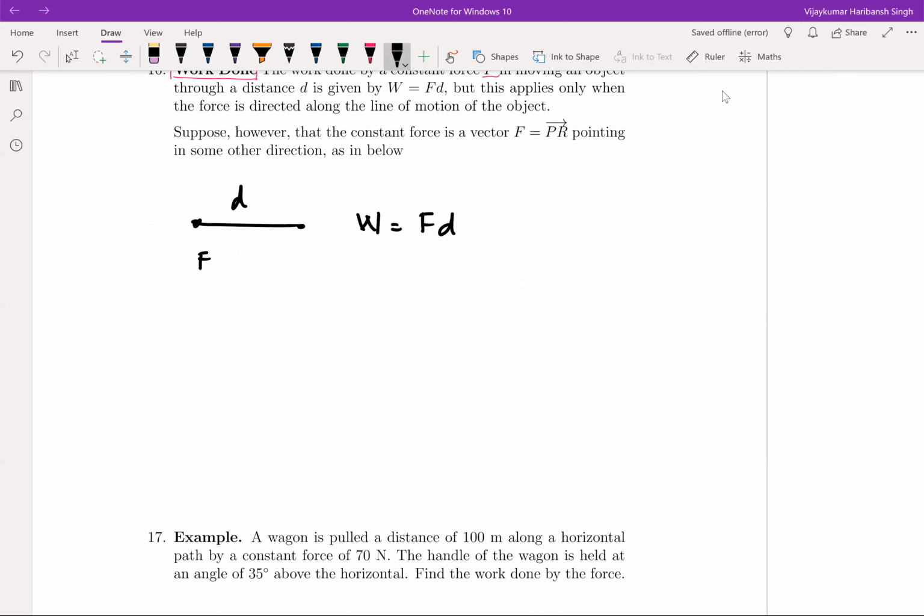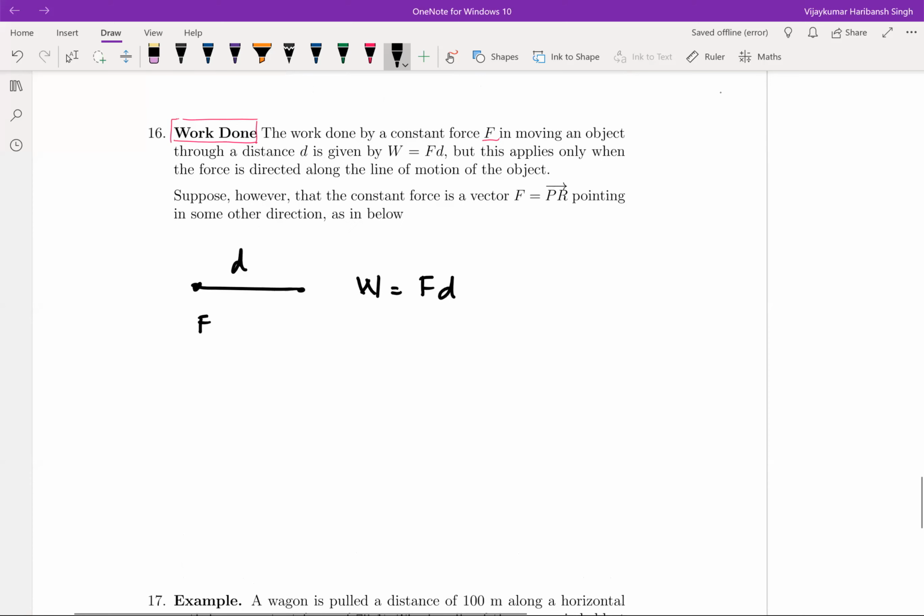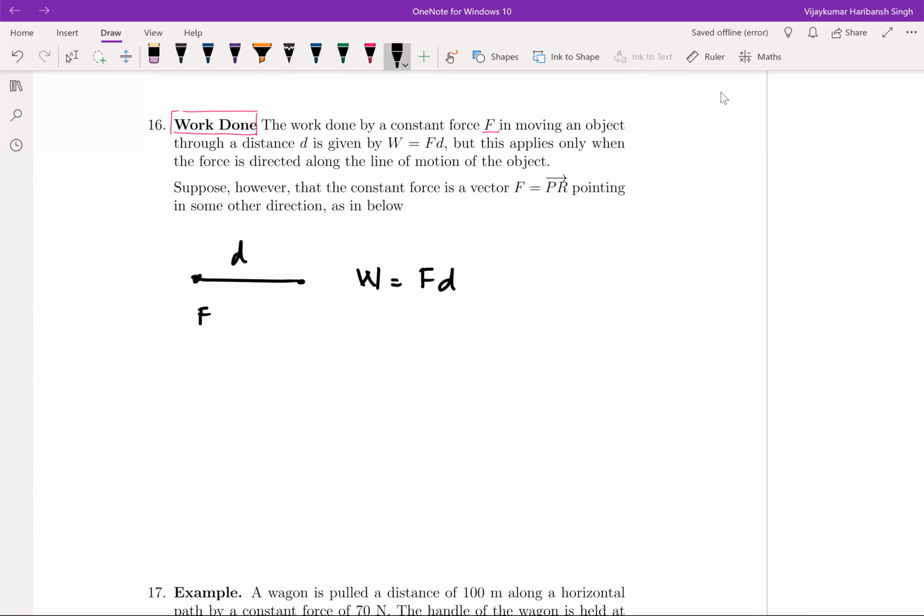So suppose you have a force now, so we want to have a vector version of this. Why? Because the force and the displacement are not in the same direction. So suppose you have the following.